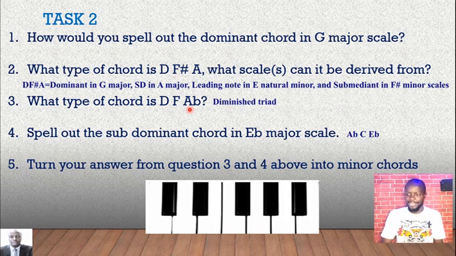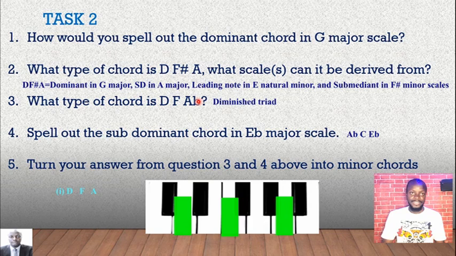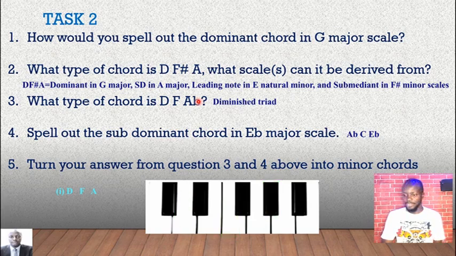It's simply by changing this flat to natural. So instead of A flat, you now have A natural. So from D to F and A, that is a minor chord. That's the D minor triad. But the diminished triad will be this. So that's the first question.